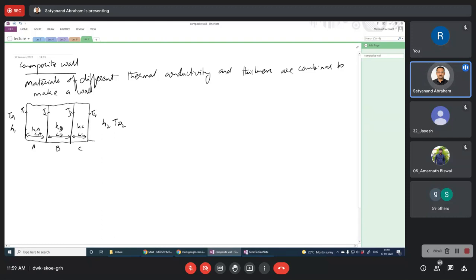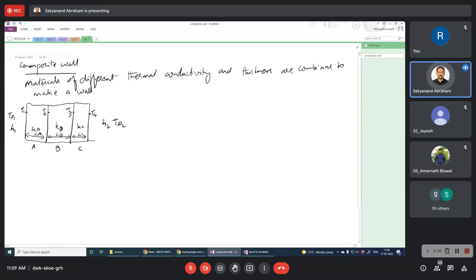Obviously, we can use our basic equation, d square T by dx square is equal to 0, and based on that, using various boundary conditions, it is possible to derive the equation of the temperature profile, etc. But it is a bit cumbersome for us.